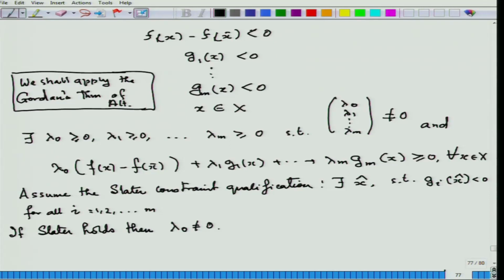Now, suppose lambda naught is equal to 0, then this part will vanish.